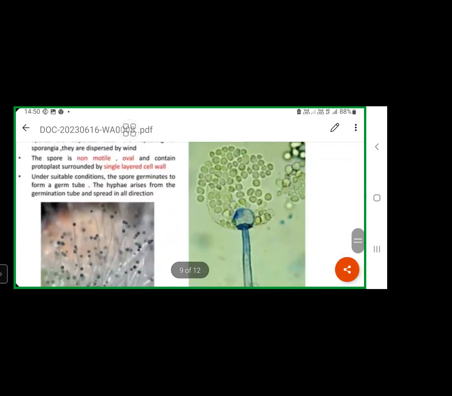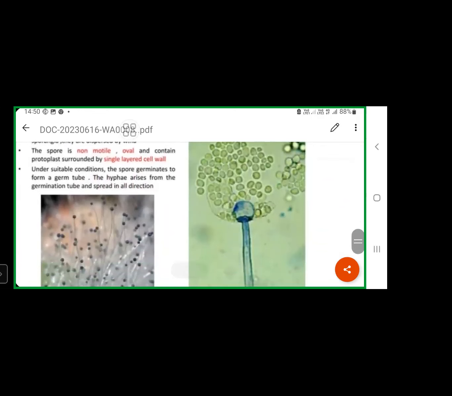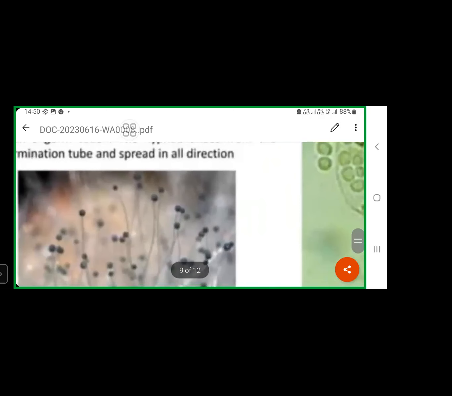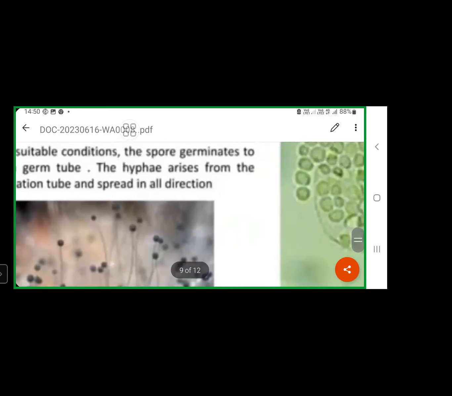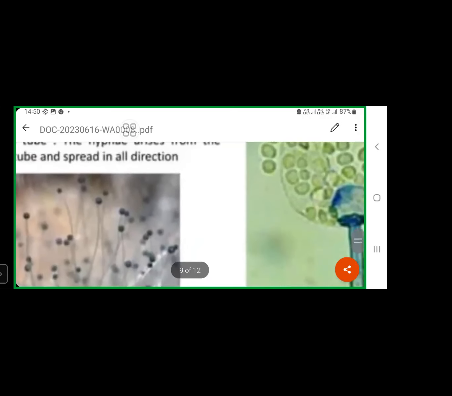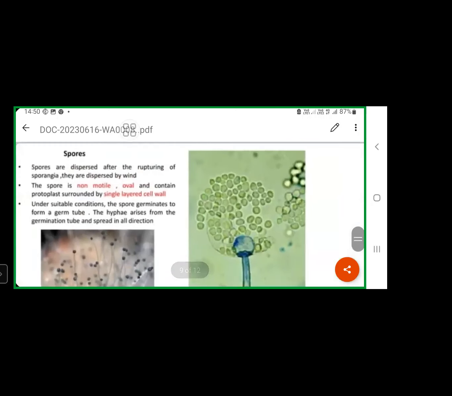Here you can see the liberation of spores. You can see the clear structure of these spores, how they appear at the tip of the sporangiophore. You can see sporangiophores and at their tips sporangia. On maturation, these spores are separated from the sporangium by rupture of the sporangial wall.